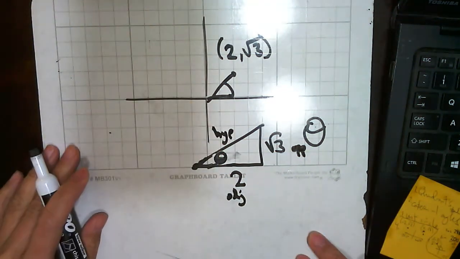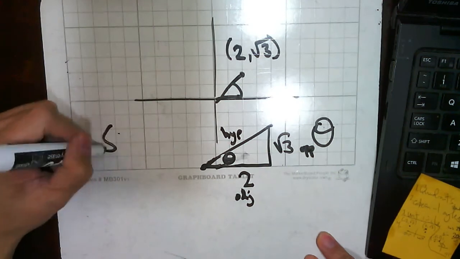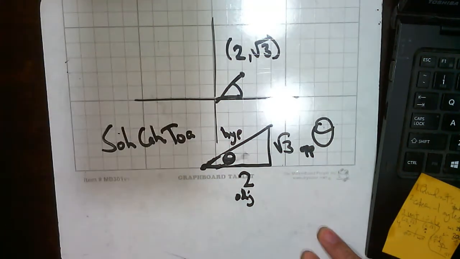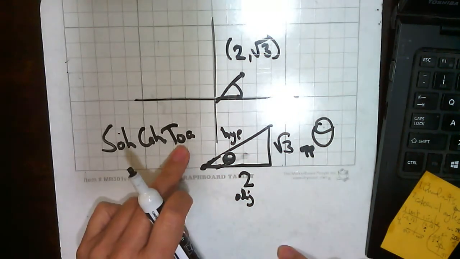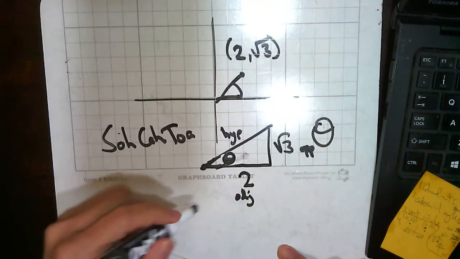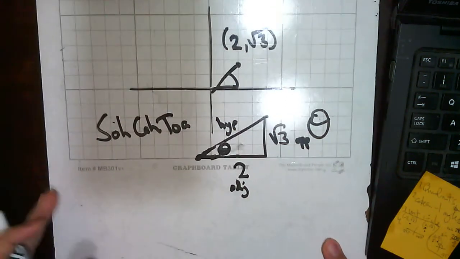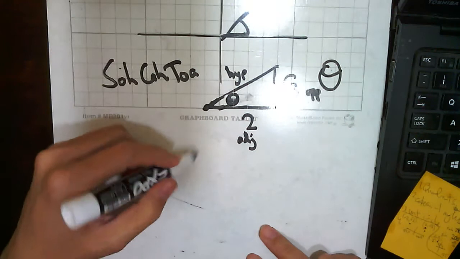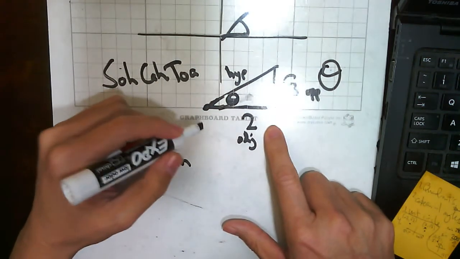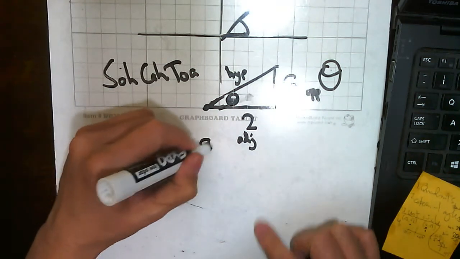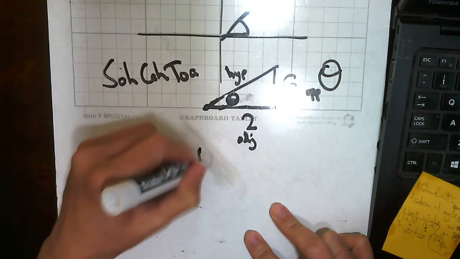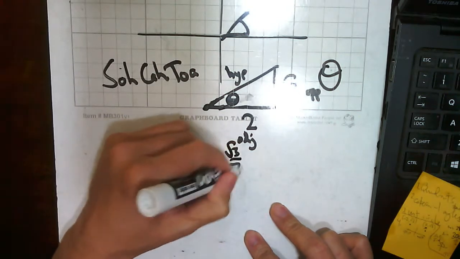This is from Math 2. We have SOHCAHTOA, and we have opposite and adjacent, so we're going to use tangent here. If you recall, to solve this, tangent of theta equals radical 3 over 2.